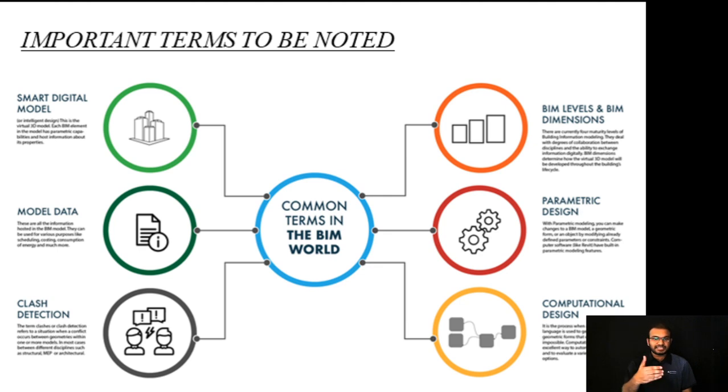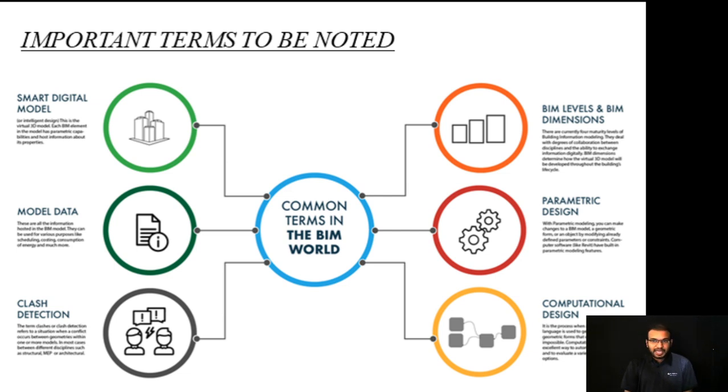That is clash detection. On the right side of the screen, you can see BIM levels and dimensions. That is again a big topic that we need to discuss in the coming sessions: what we mean by the dimensions of BIM, how to manage different dimensions of BIM, and how I can present the model in different dimensions.